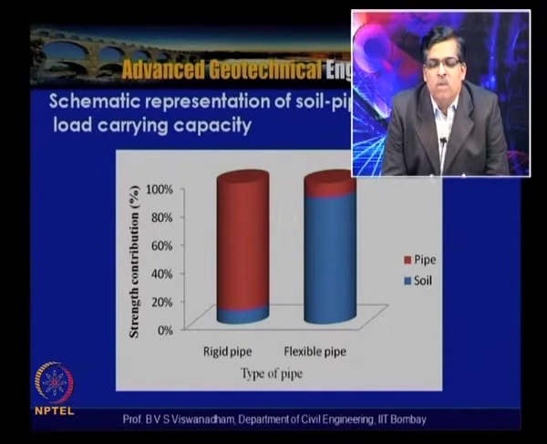Because of the active arching condition, the flexible pipe attracts less load, and it transfers the load to the surrounding non-yielding portions, and the favorable arching phenomenon is used in case of flexible pipes.